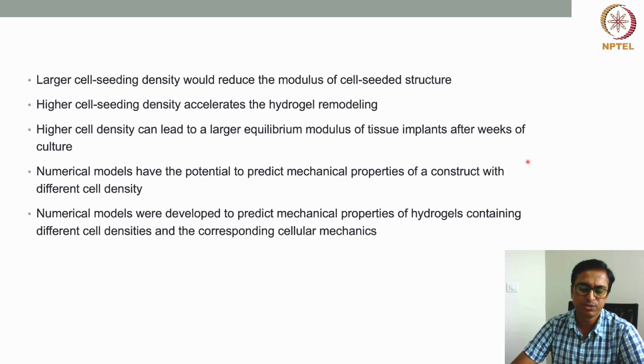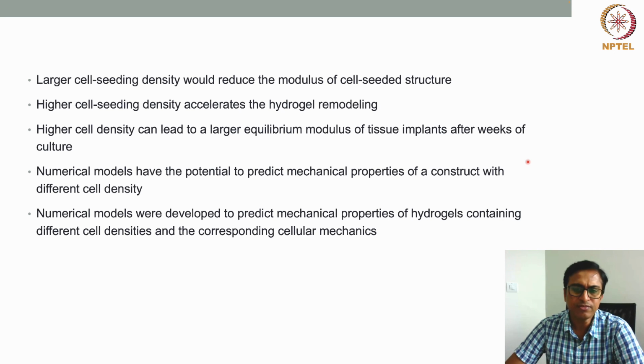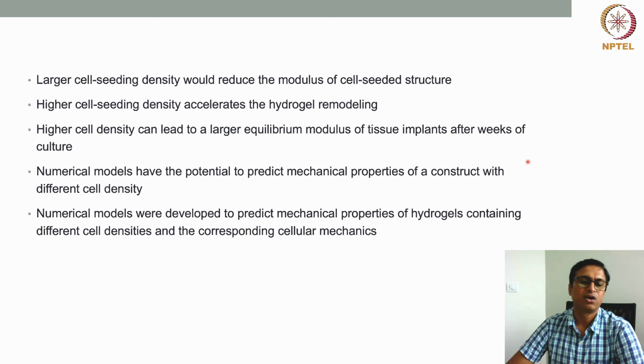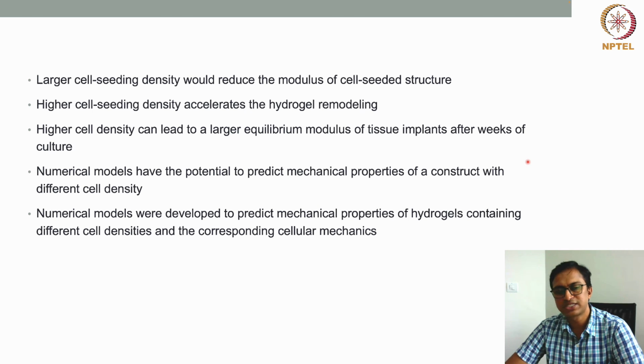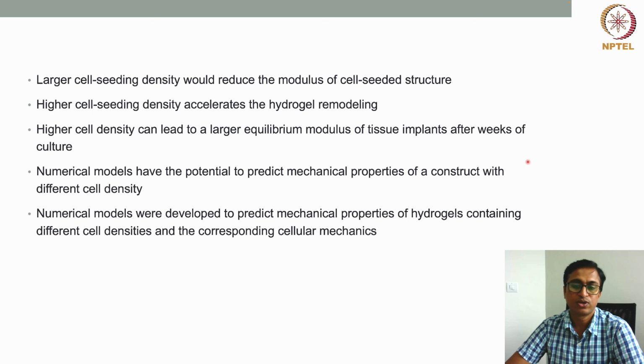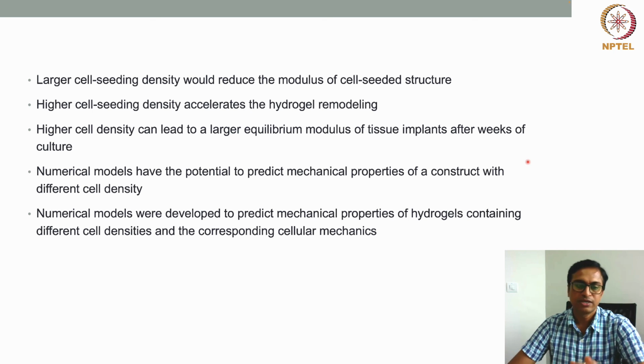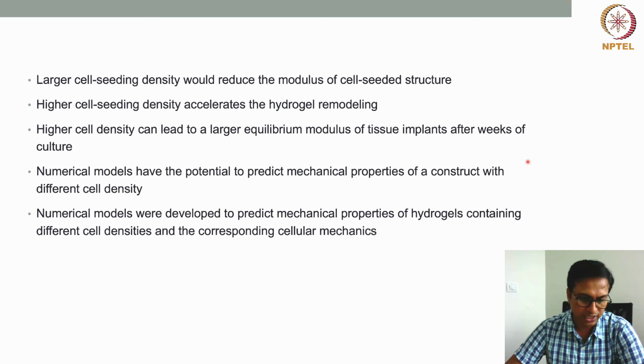With these, one can easily study the effect of cell concentration on printability and the final modulus of the structures. These are all very powerful tools to study cell-material interaction, and also the final outcome of this whole study.